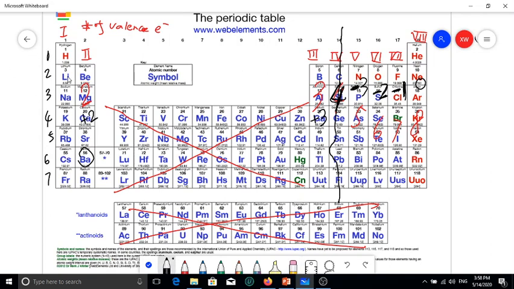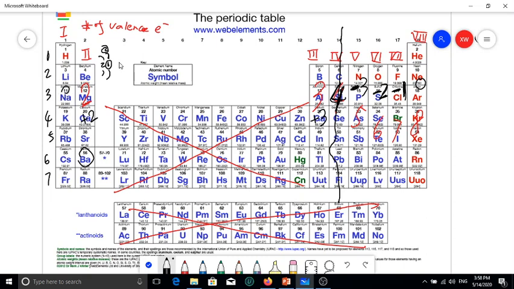Now, lithium has 3 electrons. Quickly picture the atomic diagram of lithium. It's going to be 2, 1, so you total 3 electrons. You see this 1 valence electron is located on the second layer, period 2.